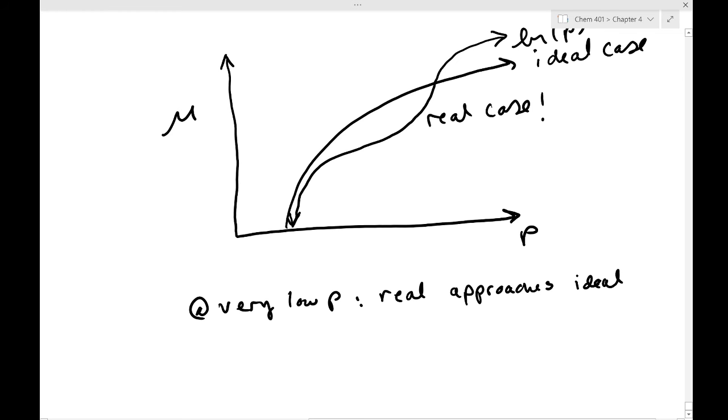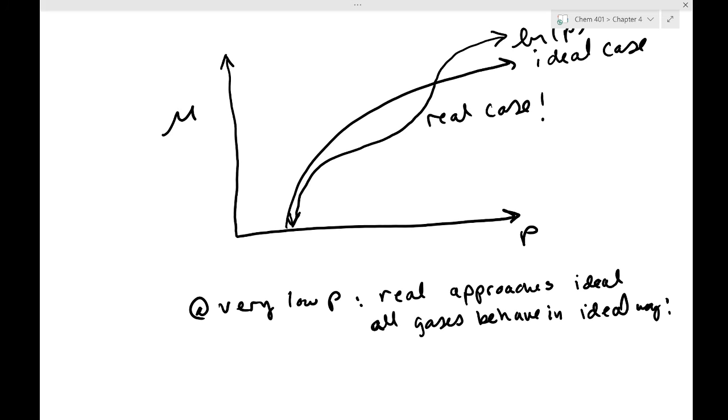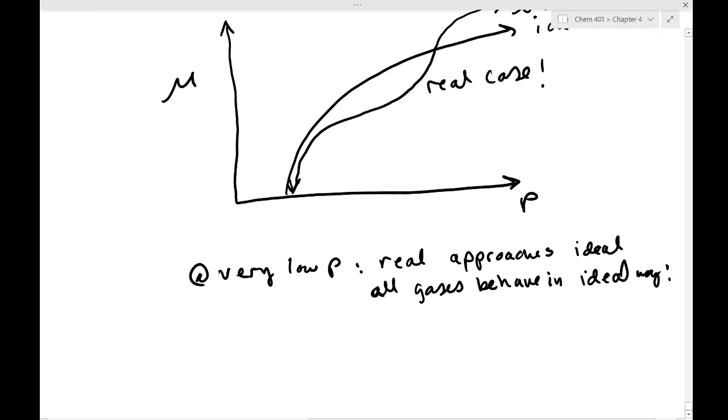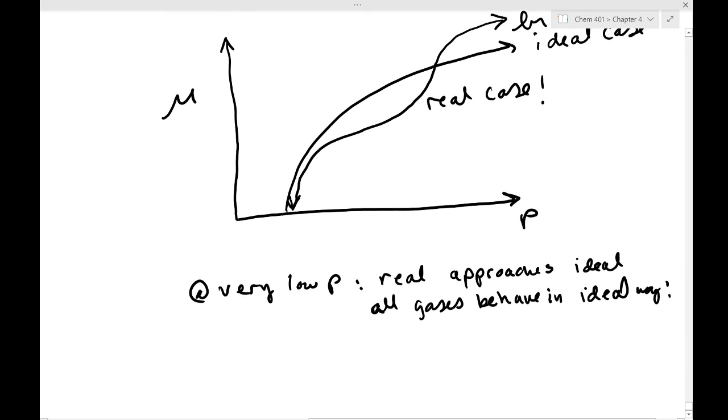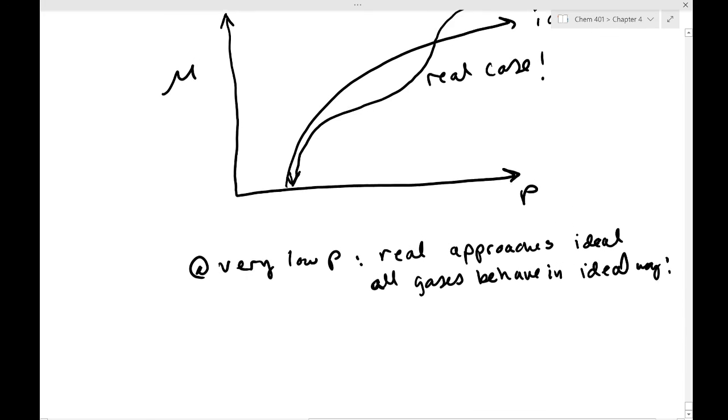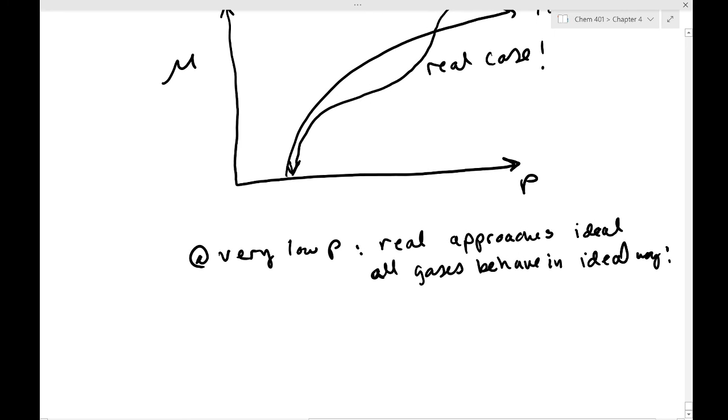At very low pressures, all gases behave like ideal gases. And this kind of makes sense. If you lower the pressure enough, you get to the point where there are zero interactions, which is the number one reason why gases are non-ideal. It's because they're interacting, and the ideal gas law assumes that there are no interactions. So that's the first case.